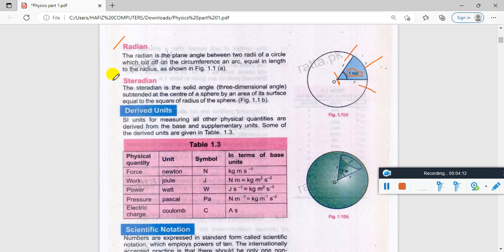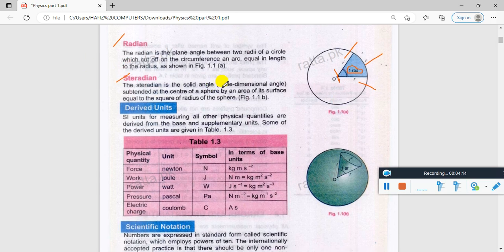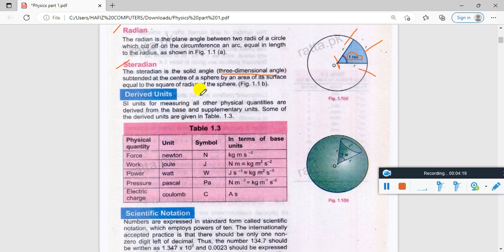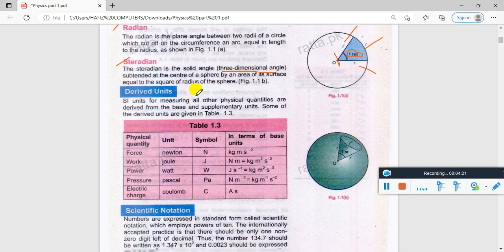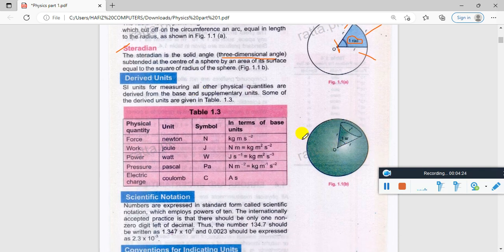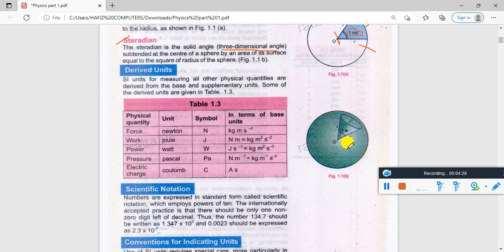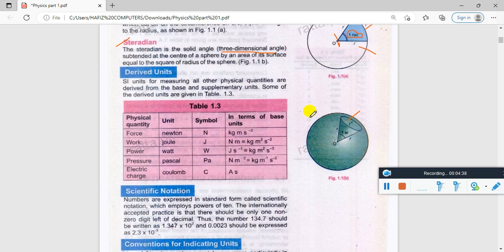Next one is the steradian. Steradian is the solid angle, a three-dimensional angle subtended at the center of the sphere by an area of its surface equal to the square of the radius of the sphere.